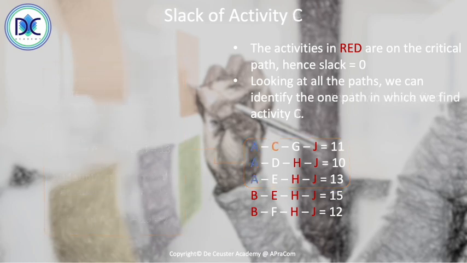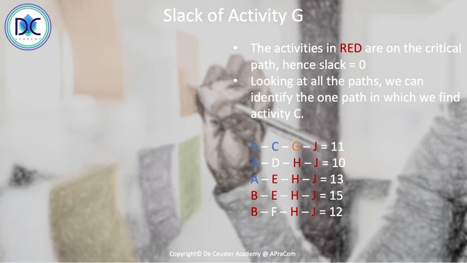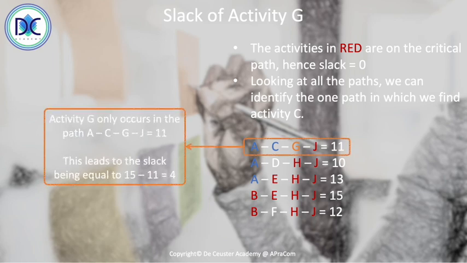We do the same now for the activity C. The activity C is only in one path, so we have the duration of 11. 15 minus 11 is 4, so the slack of activity C is 4. We do the same for the activity G, and it's also only in one path, so it's quite easy, and the slack is here also equal to 4.